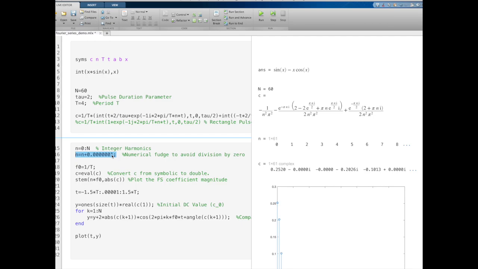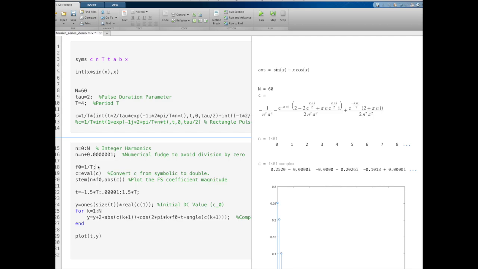All right, so if I was going to be more careful with that, I would separate out that n equals 0 case and probably either calculate that by hand, put that in the code, or do something different where it's not affecting all the harmonics. But it works for our purposes here.